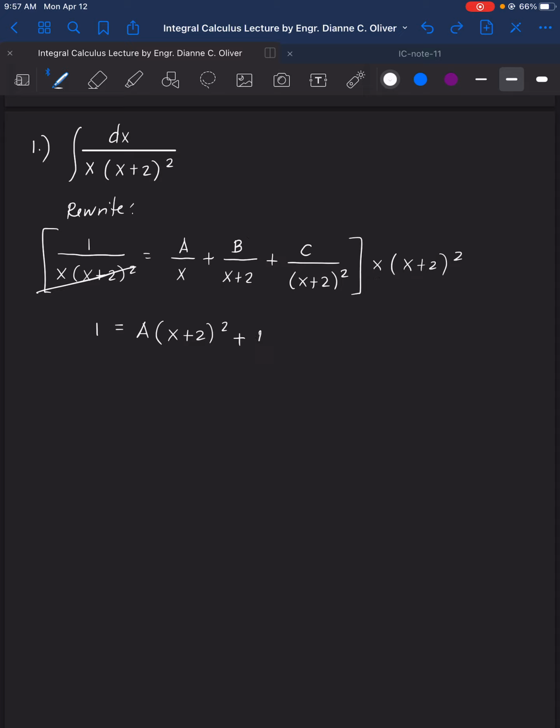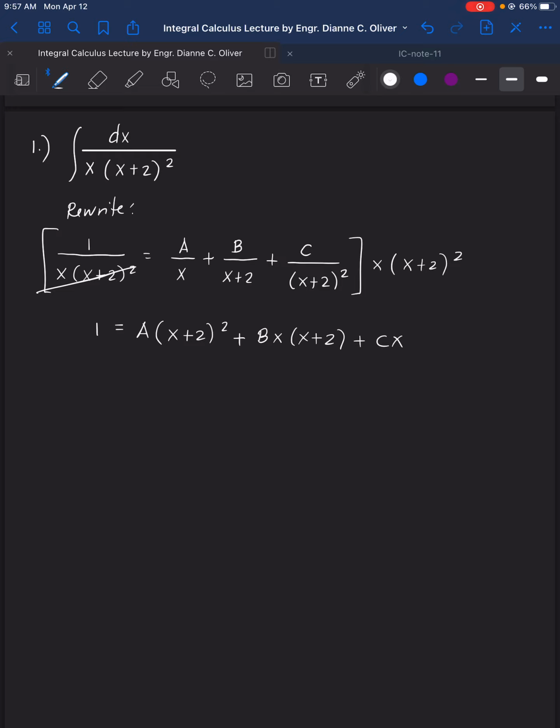So what's left will be bx times x plus 2. Then we have c, multiply this with the third term, cancel out this one here. So what's left is c times x.